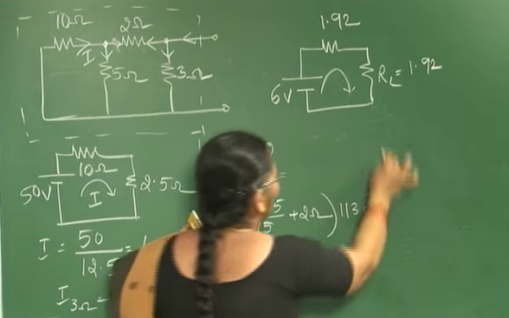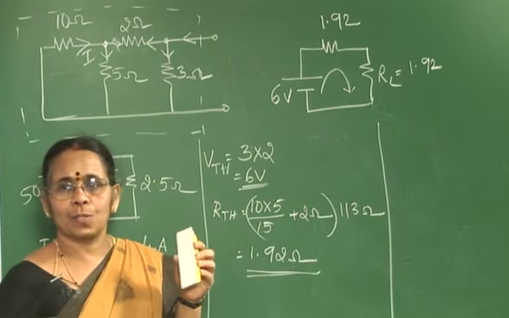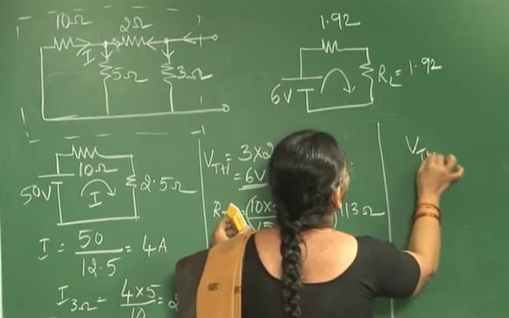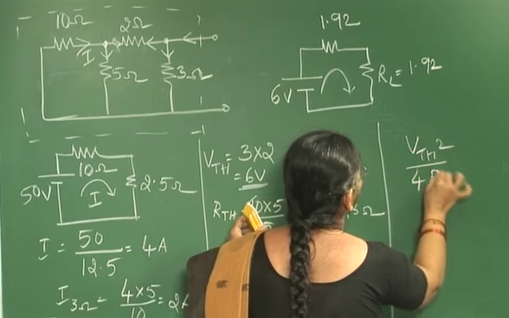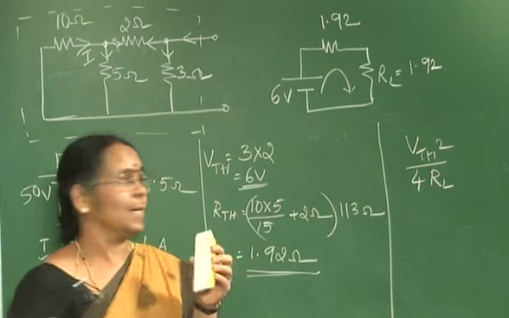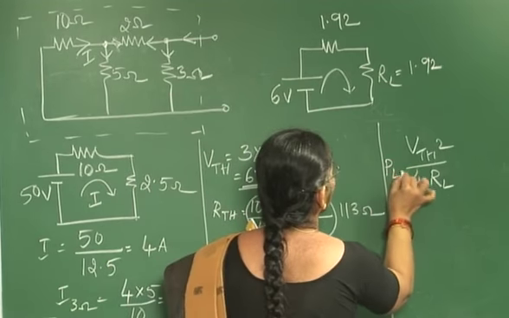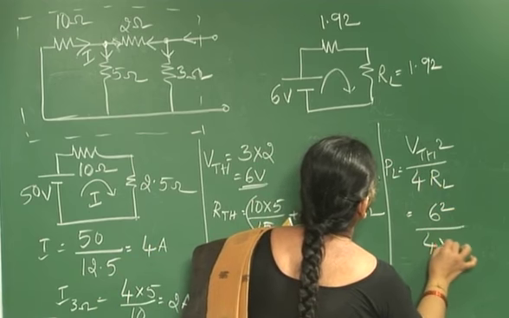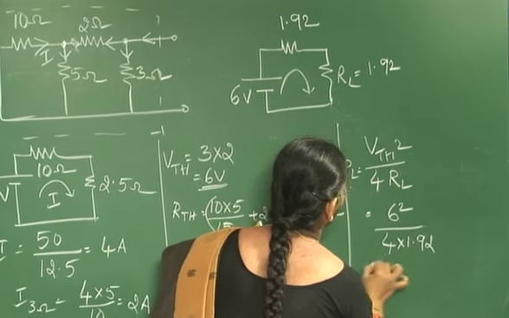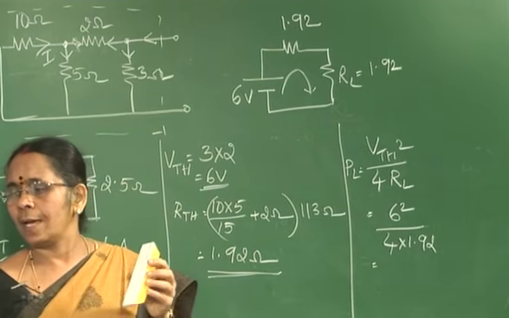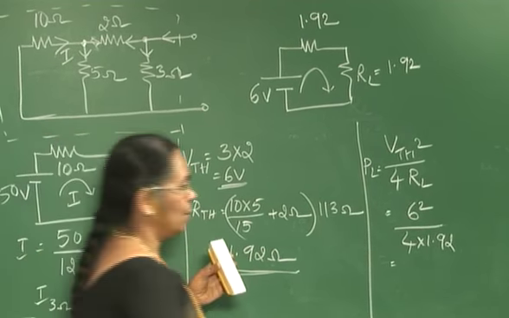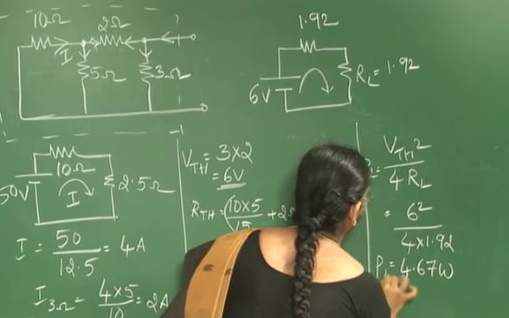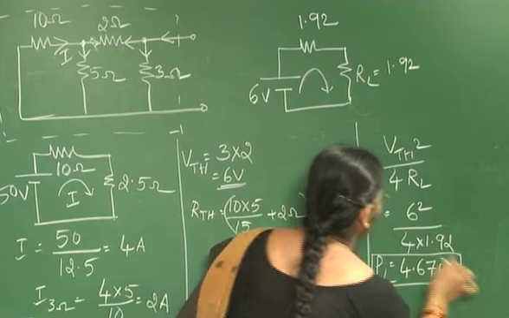We have already derived the expression for the maximum power that's going to be transferred, which is nothing but equal to V Thevenin square by 4 RL. That is the maximum power transferred to the load resistance. So PL is equal to 6 square divided by 4 into 1.92. After calculating that, the value will become equal to 4.67 watts. So that is the power which is being transferred to the load circuit.